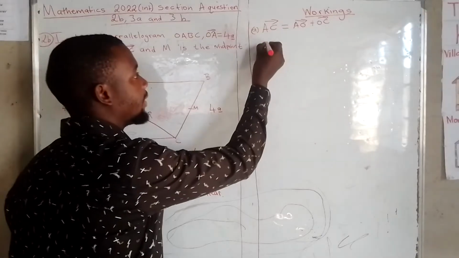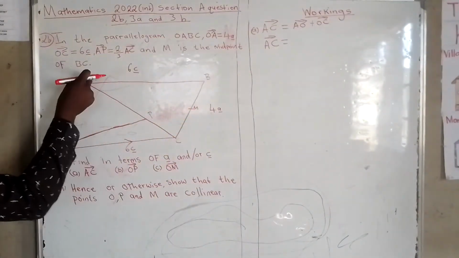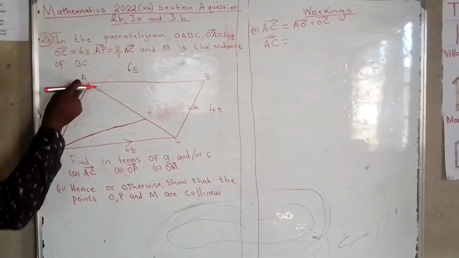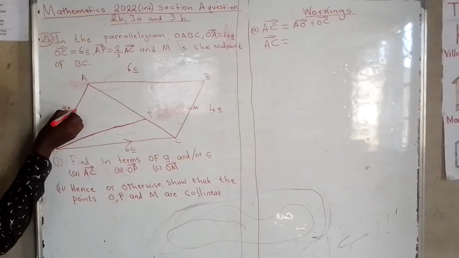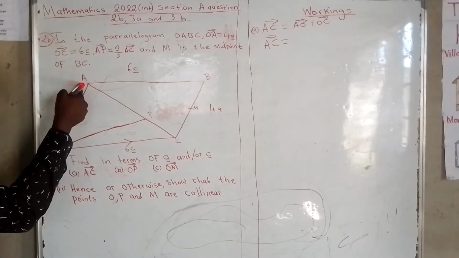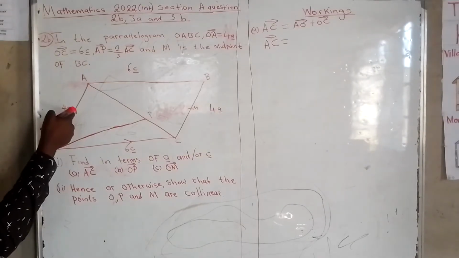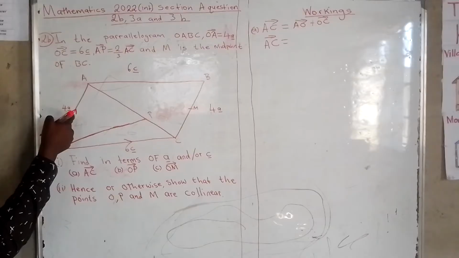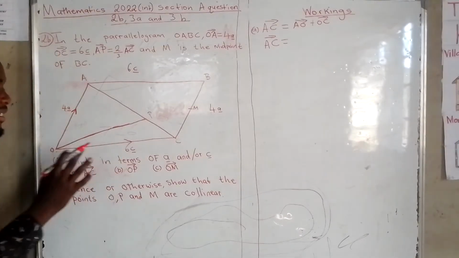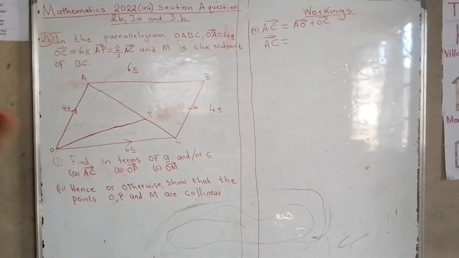And then now we can say AC is equal to AO. This route here is OA. Looking at the arrow, this arrow is pointing this side. So this route is OA, but what we need is AO. So it's like we are opposing the direction of the route, which means we need to write this vector in inverse form, or the negative of that.